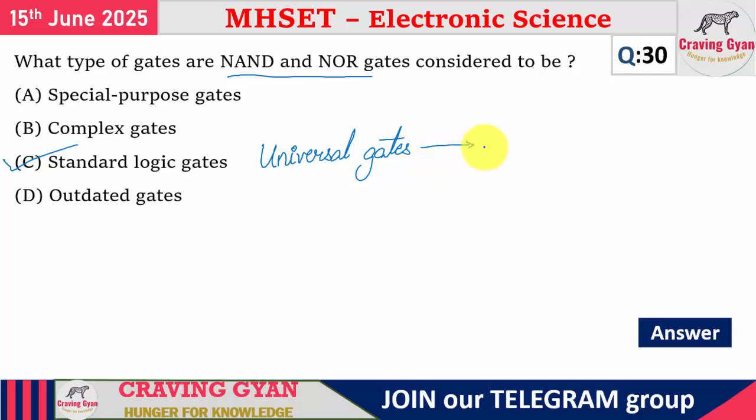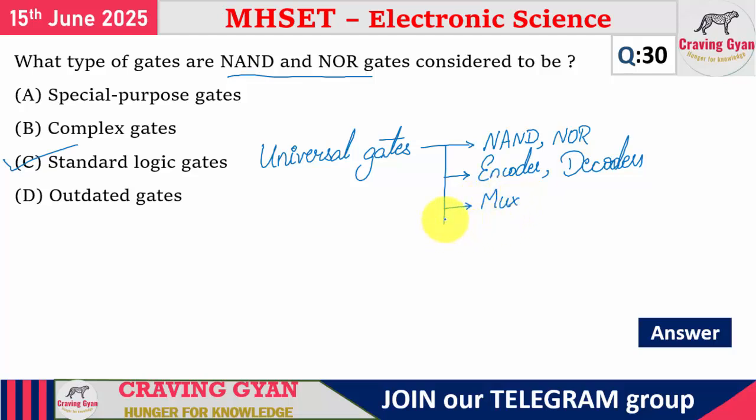If I am speaking with respect to universal gates, you will have a NAND gate, a NOR gate, encoders, decoders, and multiplexers. I also proved that the demultiplexer is also a universal gate, and you will have the AS gate, which is also a universal gate.